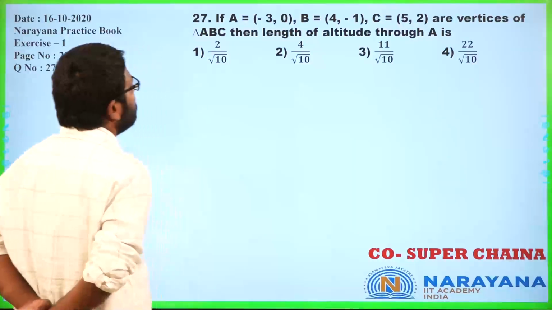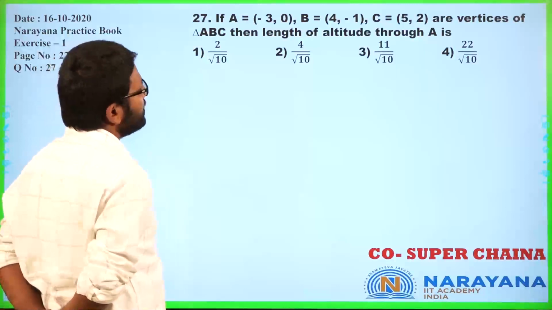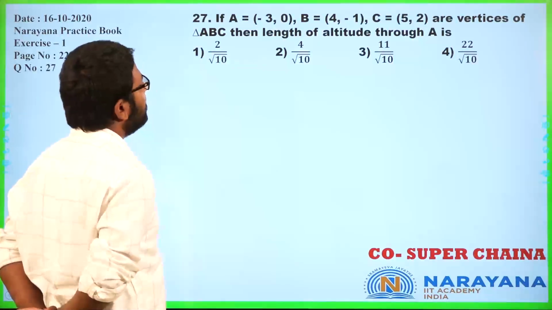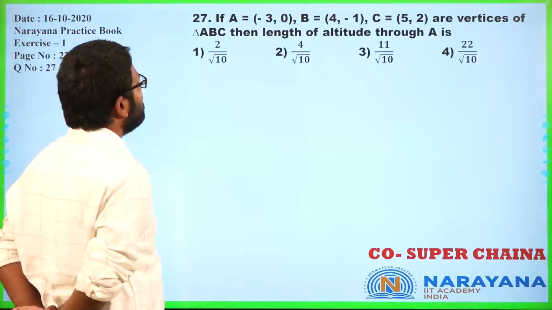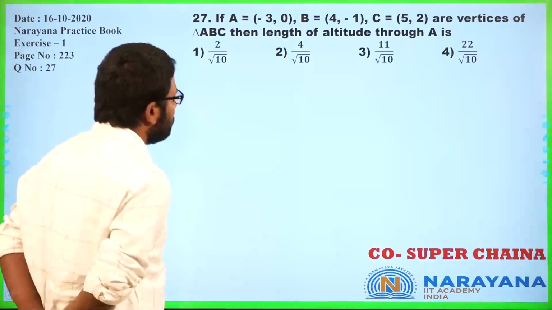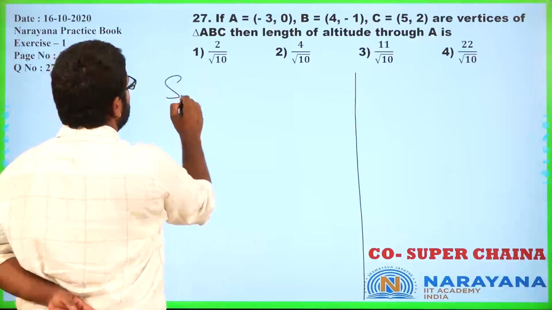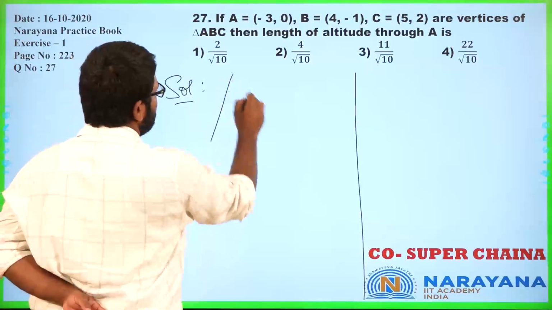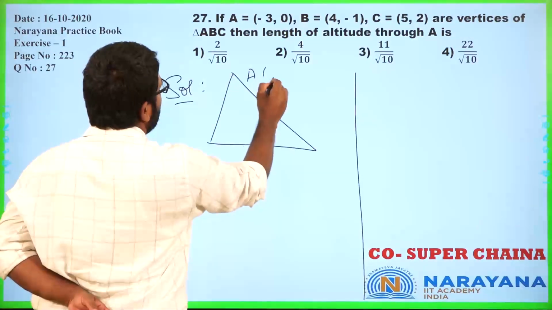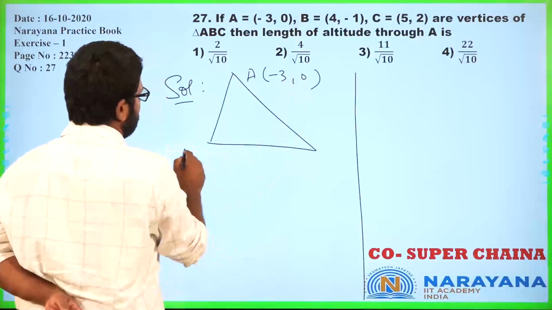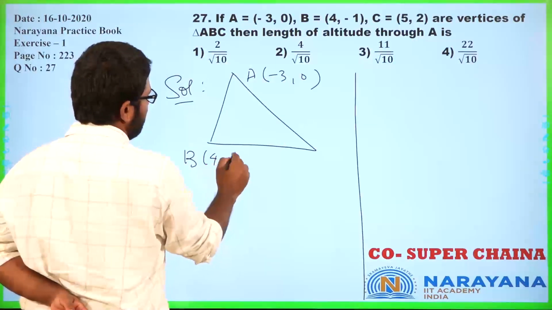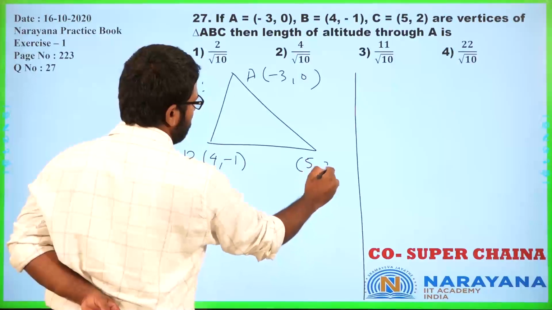If A is equal to minus 3 comma 0, B is 4 comma minus 1, C is 5 comma 2 are vertices of triangle ABC, then the length of altitude through A is what? So the triangle is given with 3 vertices, A minus 3 comma 0, B 4 comma minus 1, C is 5 comma 2, right?